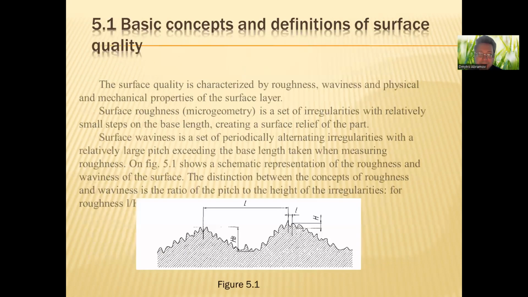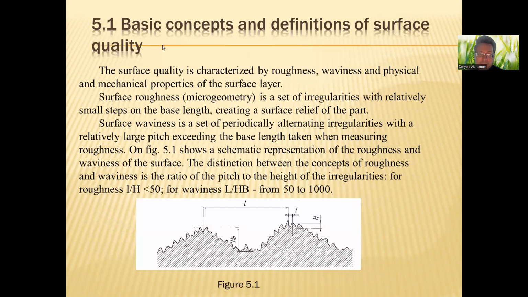And now we start item 5.1, basic concepts and definitions of surface quality. The surface quality is characterized by roughness, waviness, and physical and mechanical properties of the surface layer.